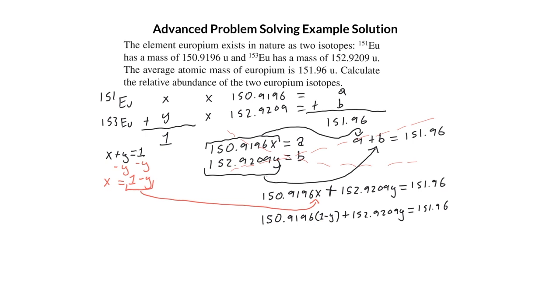So I'm going to do 150.9196 minus 150.9196y plus 152.9209y equals 151.96.